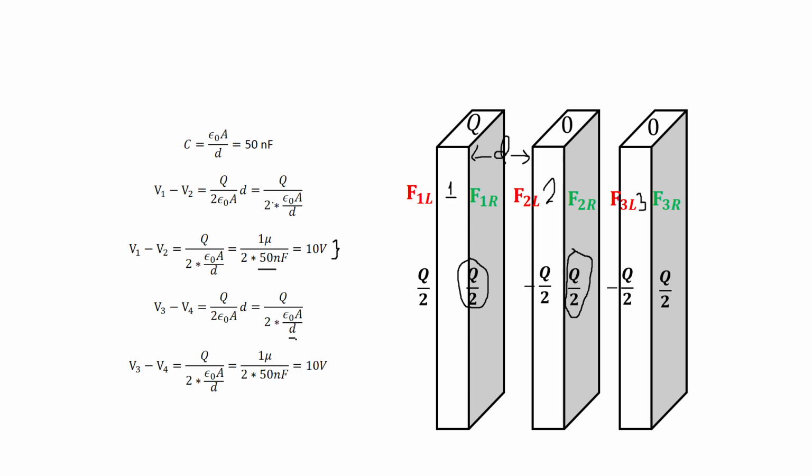When we substitute the values of Q and epsilon naught A by D, which is the capacitance of 50 nanofarad, we obtain the same result, 10 volt. So finally we are able to calculate the potential difference between the two plates 1, 2 as well as 3, 4, and this is what was required in the question. Thank you.